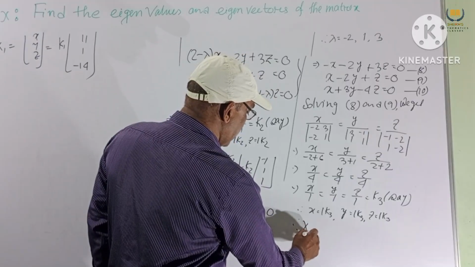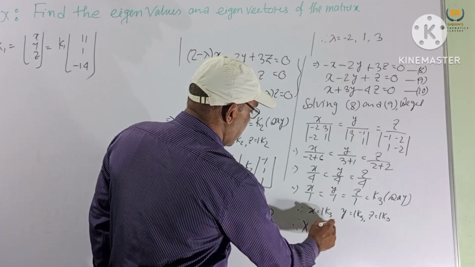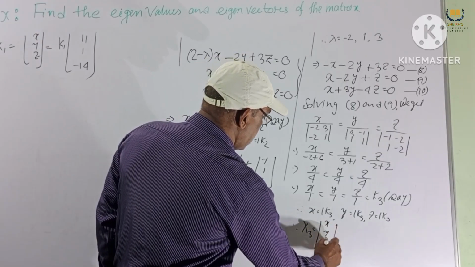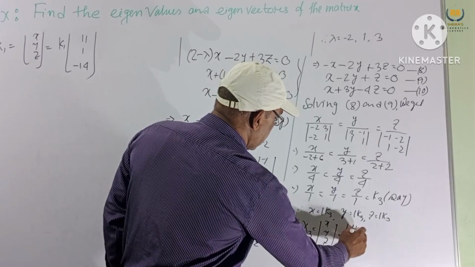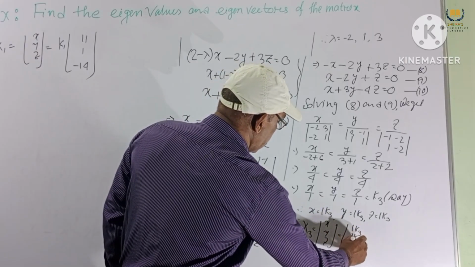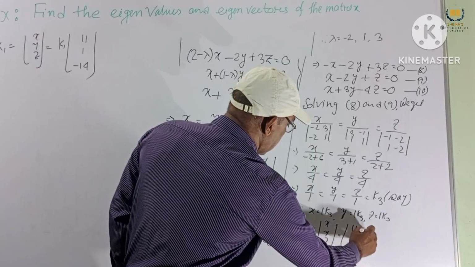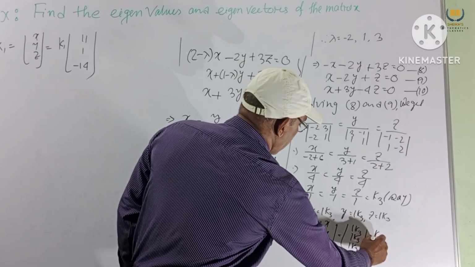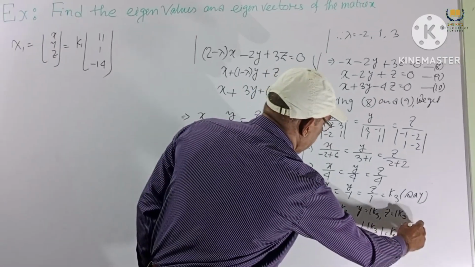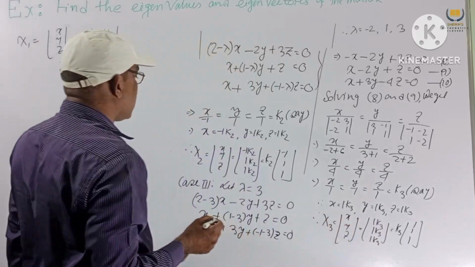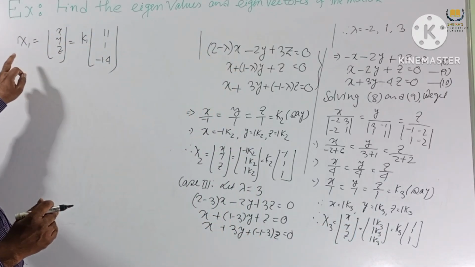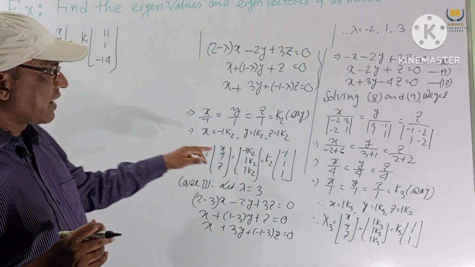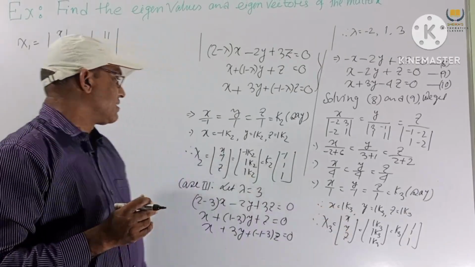Therefore x3, next eigenvector x, y, z, this is 1k3, 1k3, 1k3, and k3 is common, 1, 1, 1. We get this. So these are the eigenvectors. First eigenvector this, second eigenvector this, and third is this.